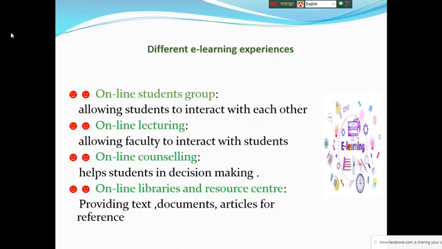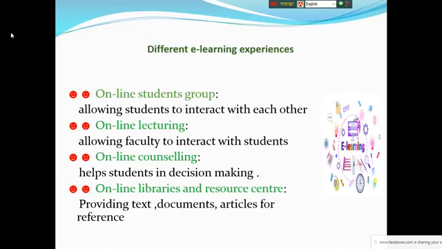So you can create an online students group to get connected with your friends, or you can get connected with your teachers online. What is happening here? I'm lecturing online, so you can interact with me anytime.